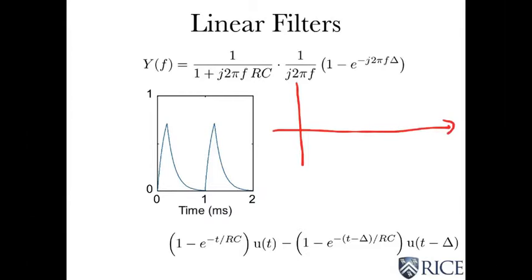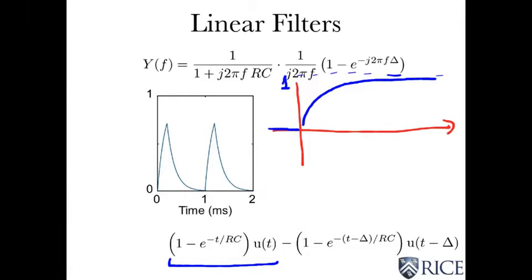Okay, so let's go through it. This starts at 0, and what it's going to do is go up and keep on going, and it has an asymptotic value of 1. Okay?